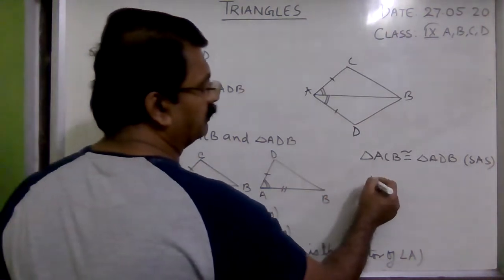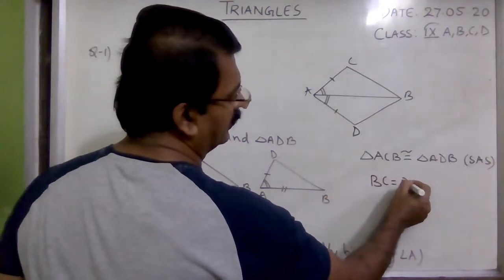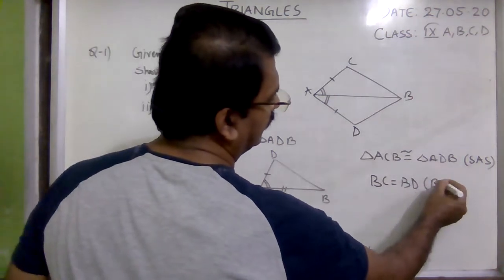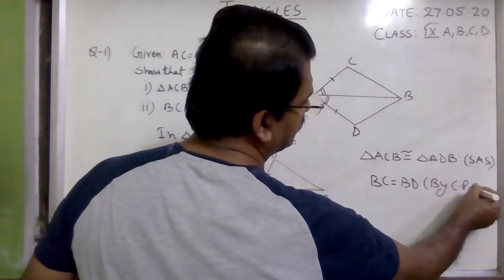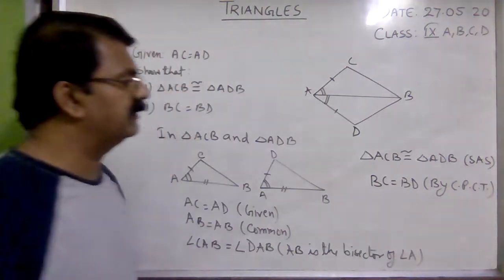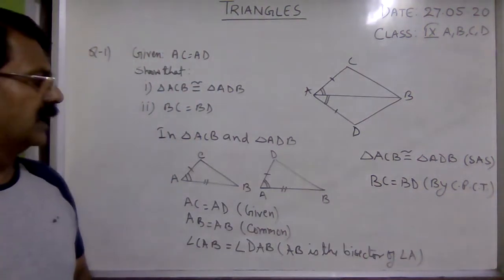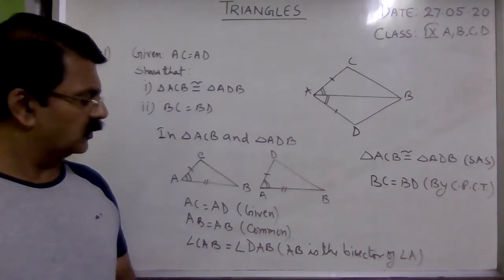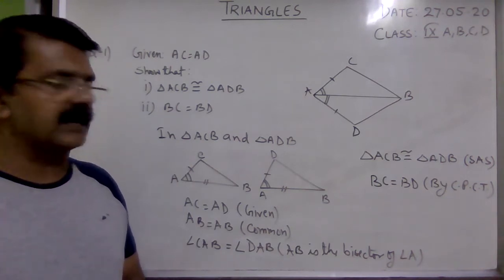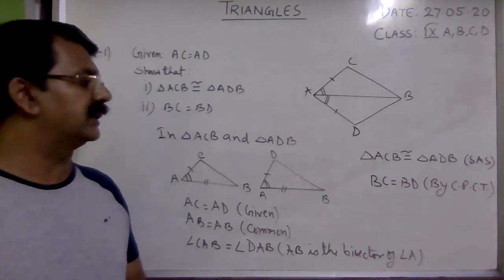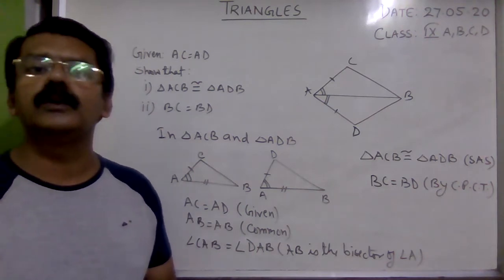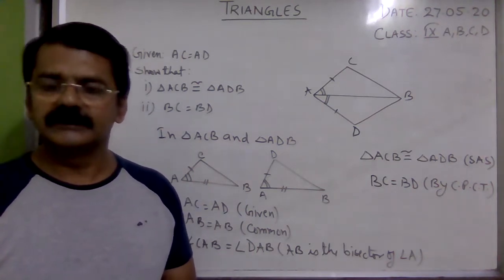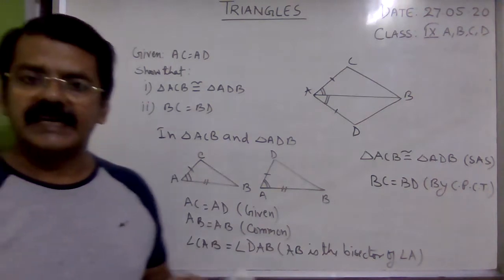So you write down BC is equal to BD by CPCT. So you can see we have proved both the parts. In the first part we have proved that the two triangles are congruent, and in the second part, as the two triangles are congruent, we can say that BC is equal to BD. Clear? So we will move to the next question.